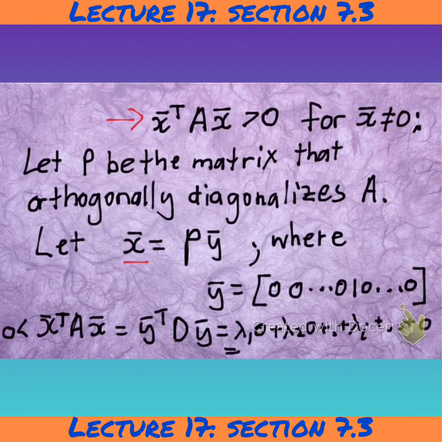So that is going to be lambda i. So lambda i, the ith eigenvalue, is going to be greater than 0, and you can form this argument for all your eigenvalues, right? So basically you've just proved that all the eigenvalues are positive.